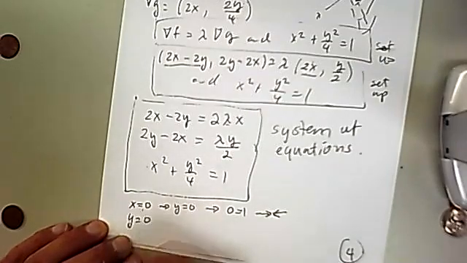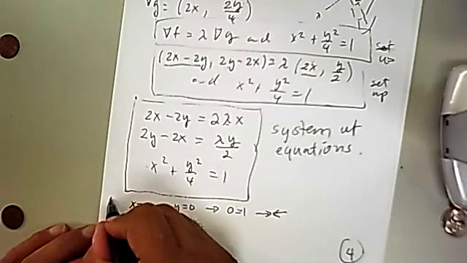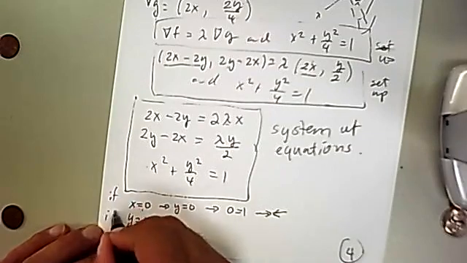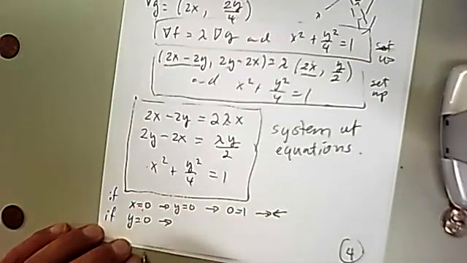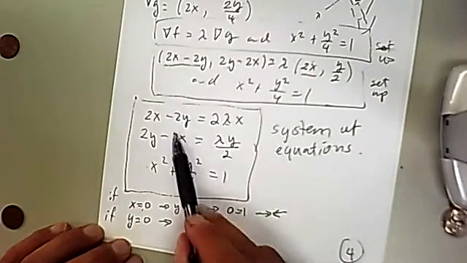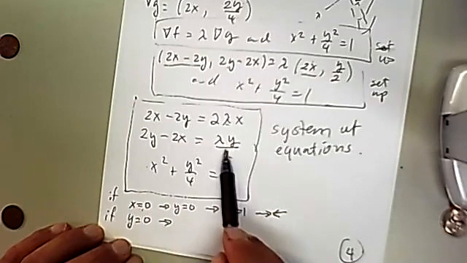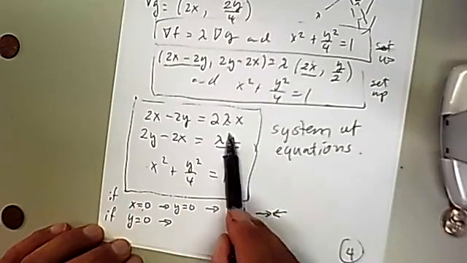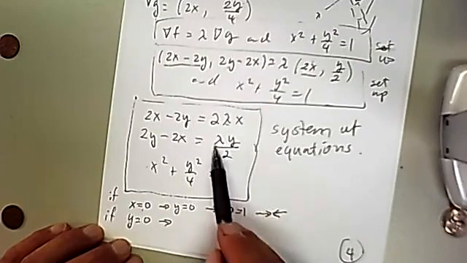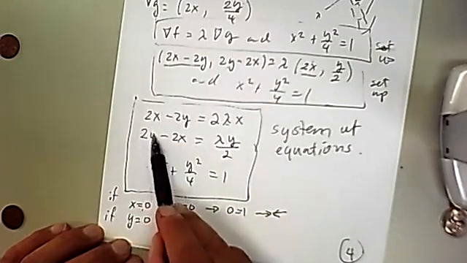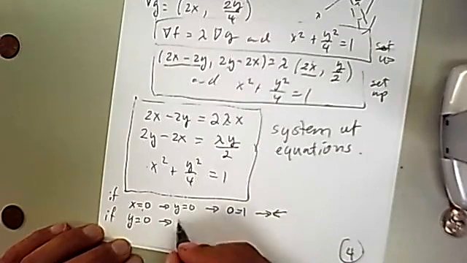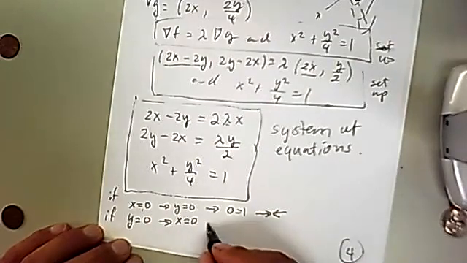Can y be 0? So let's put an if here. If y is 0, what are the consequences of that? If y is 0, regardless of the value of lambda, this product becomes 0. This becomes 0. So that forces x to be 0.